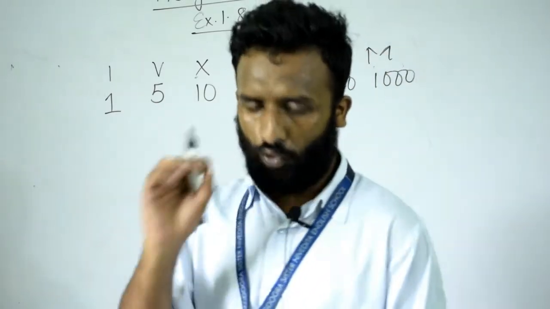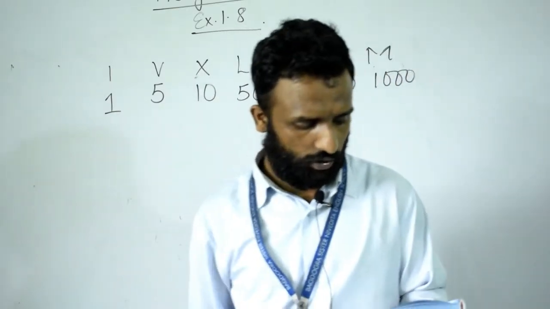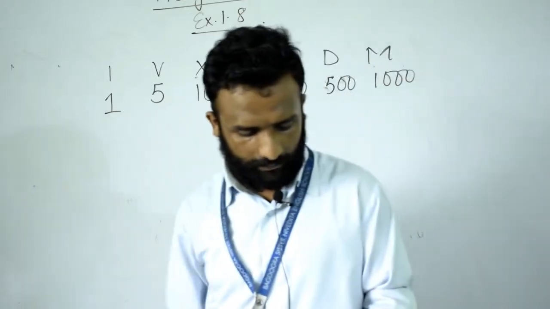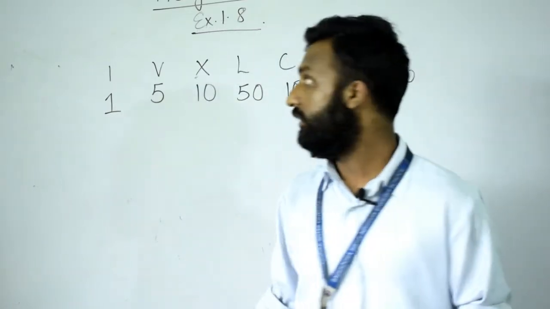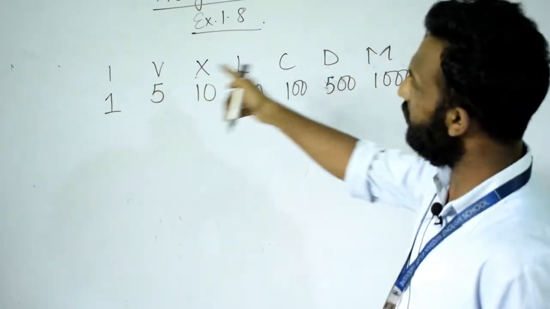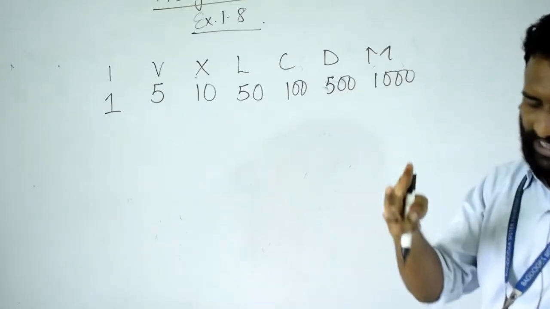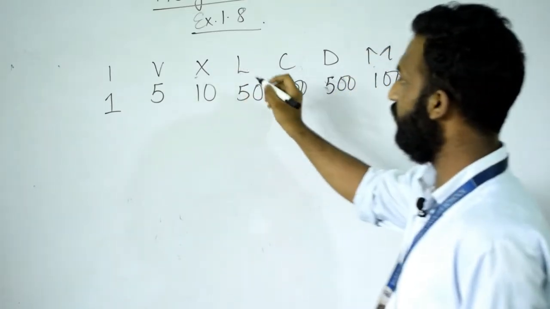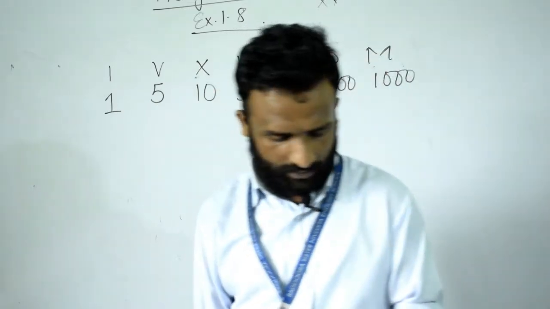So there are some rules, as you have done in the previous classes also. I am going to recap them again. Rule 1: a symbol can be repeated at maximum 3 times. That means you can write any one only 3 times, not more than 3 times.